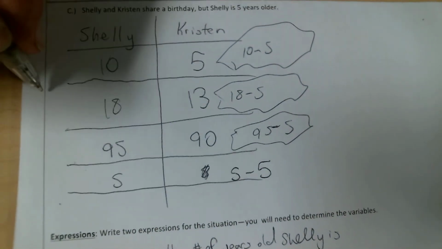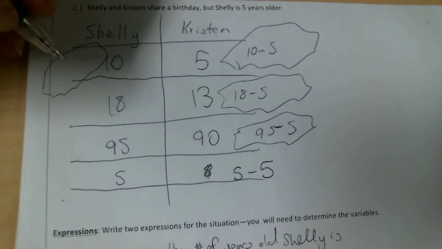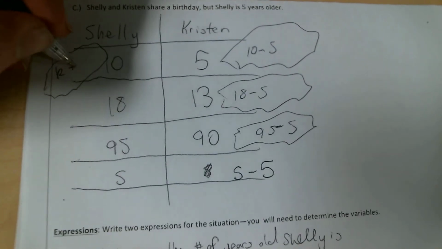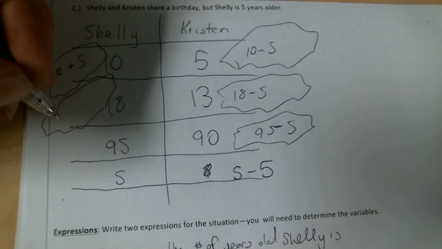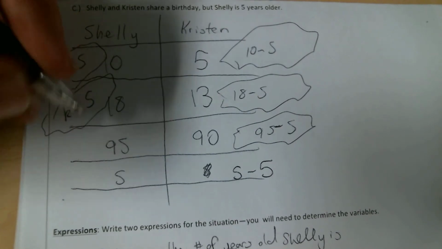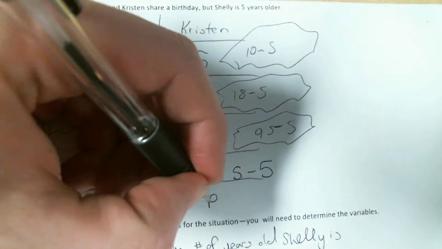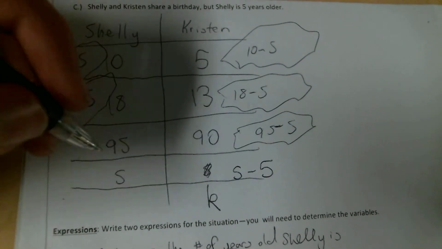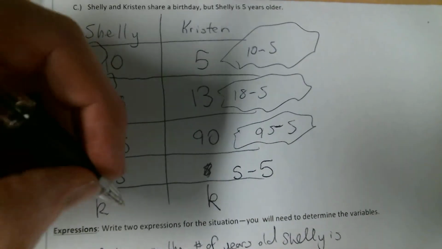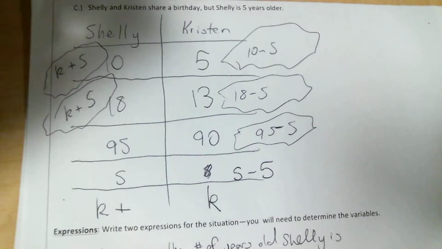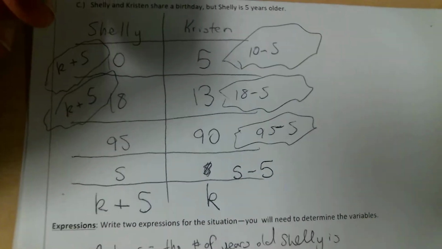Let's think the other way. How do we get from Kristen over to Shelly? Well, we take Kristen and we add 5. We take Kristen and we add 5 every time. So if I know Kristen's, K, to get Shelly's, I just have to take K plus 5, those 5 years she has.